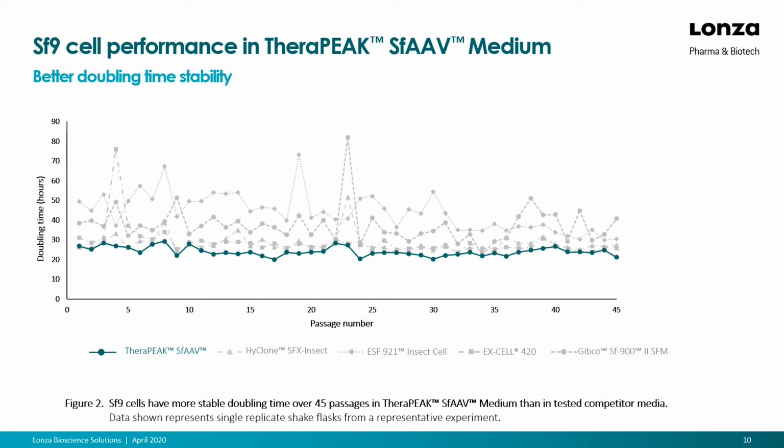During this culture, at passage 10, which we consider to be the passage where manufacturing production will be initiated, we set up some extra shake flasks to look at the cell growth performance and viral vector production for each medium.